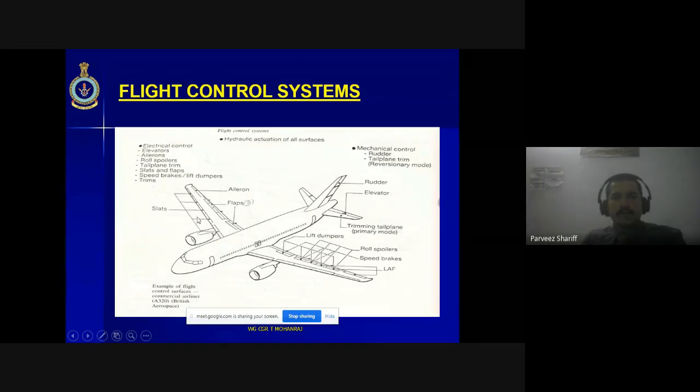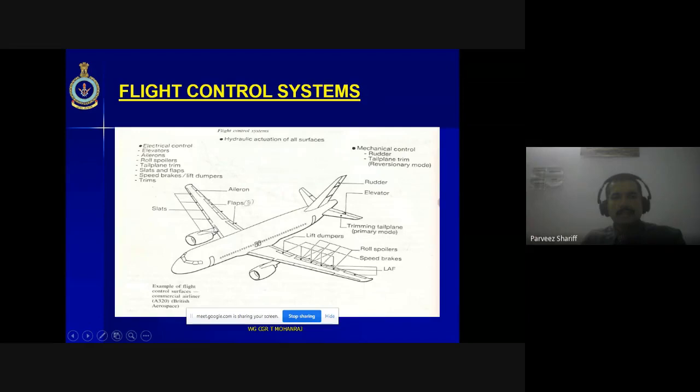Now if you look into the conventional structure, we can easily point out: this is a horizontal stabilizer, this is elevator, this is rudder, this is a vertical stabilizer, main wing, and this is ailerons, flaps.